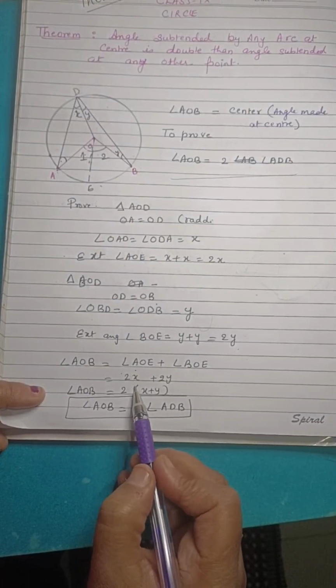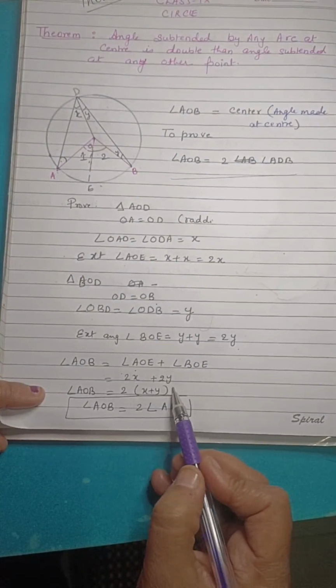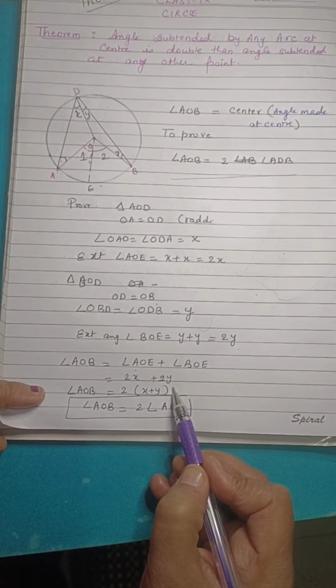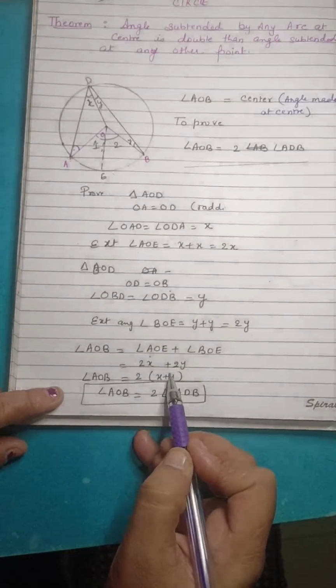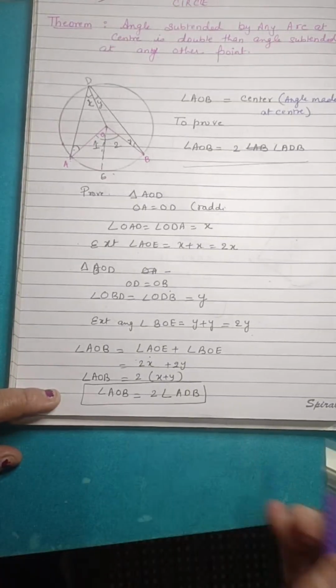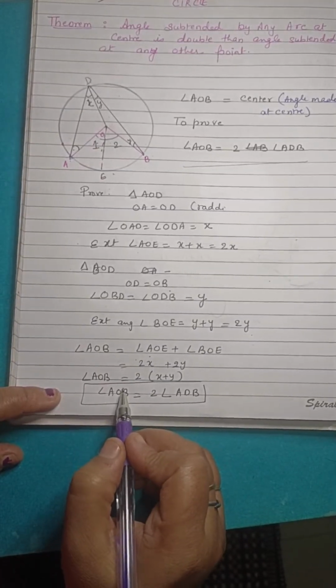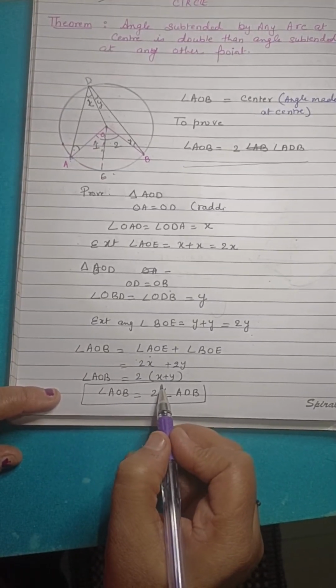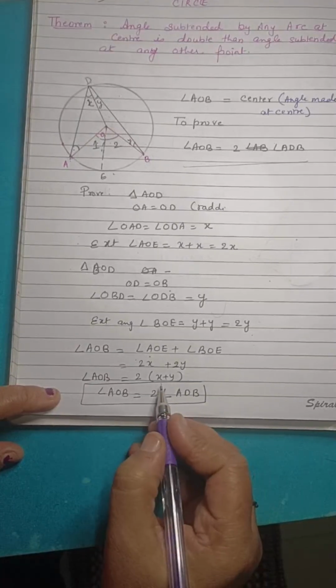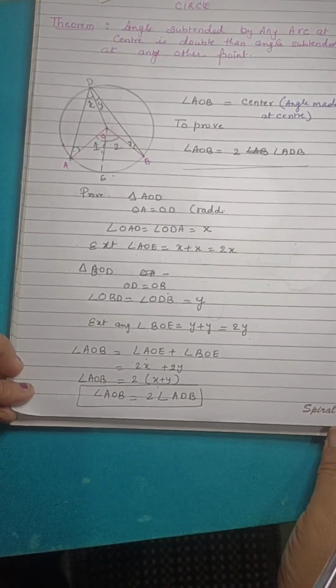So the value of AOE is 2x while the value of BOE is 2y. We have added both of them. When we added both of them, the 2 is common in both. So we got 2 outside and inside the bracket we got x plus y. Now what is this x plus y representing?